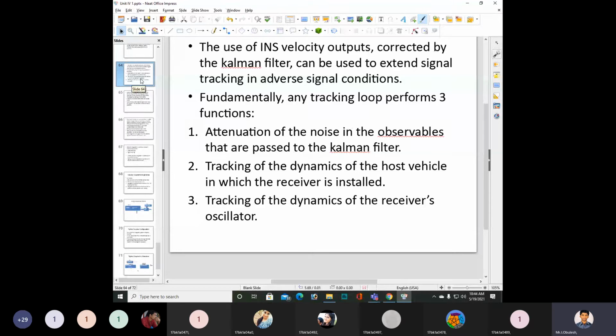So these are the three functions: attenuation of the noise in the observables, tracking of the dynamics of the host vehicle, and tracking of the dynamics of the receiver's oscillator.